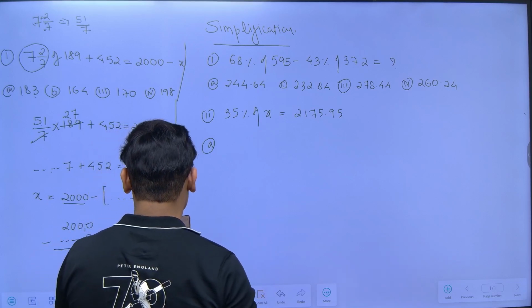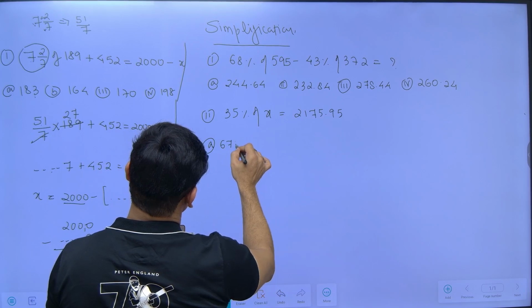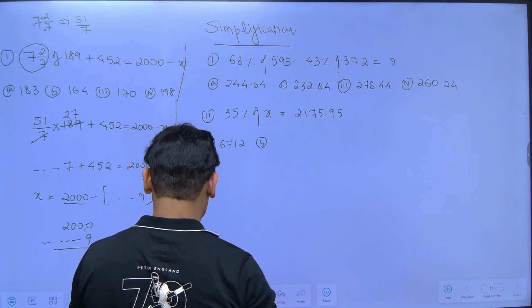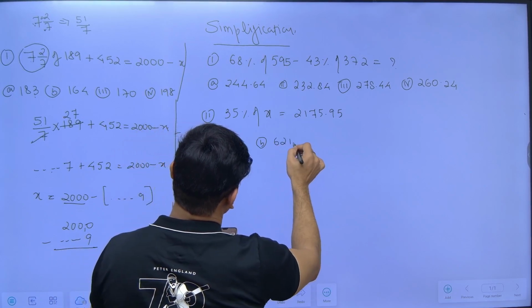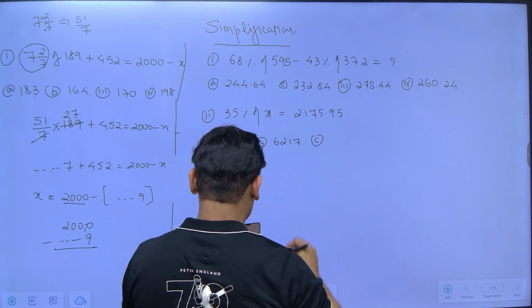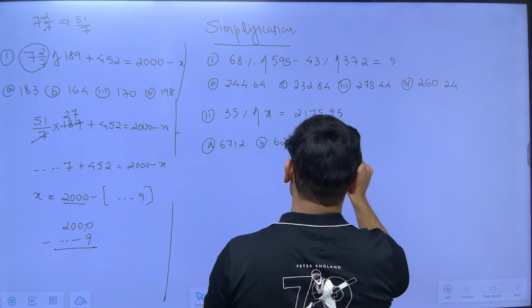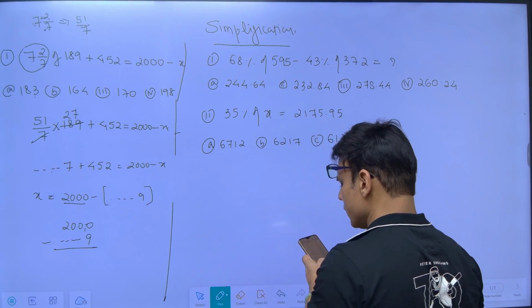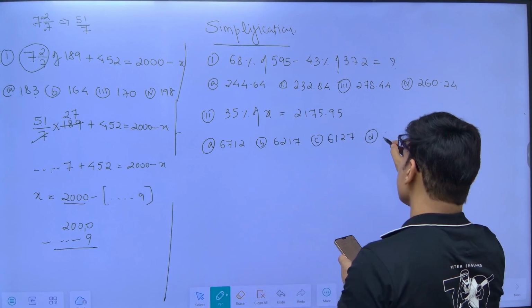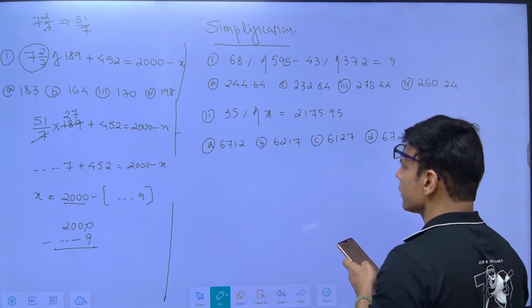First option is 6712. Second option is 6217. Third option is 6127. And fourth option is 6721.